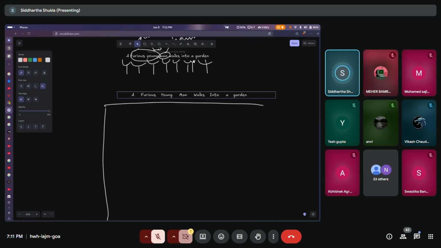All right, so this is the sentence, and now I'm going to explain how attention works in the context of this sentence.